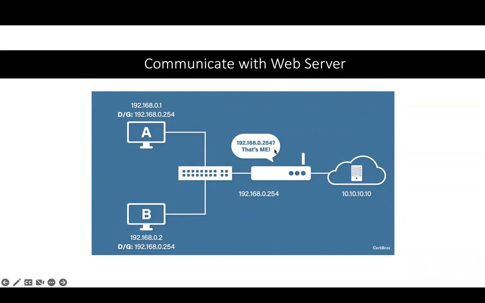It cannot be automatic. So user A will ask, hey, can I have the MAC address whose IP address is 192.168.0.254? And the router will say that's me, and then user A will communicate through the router to be able to reach the web server.